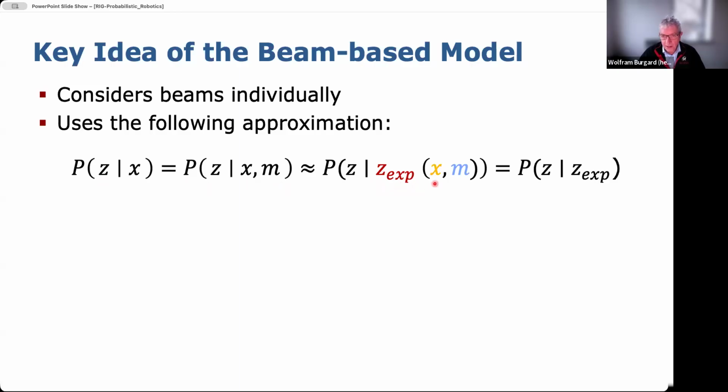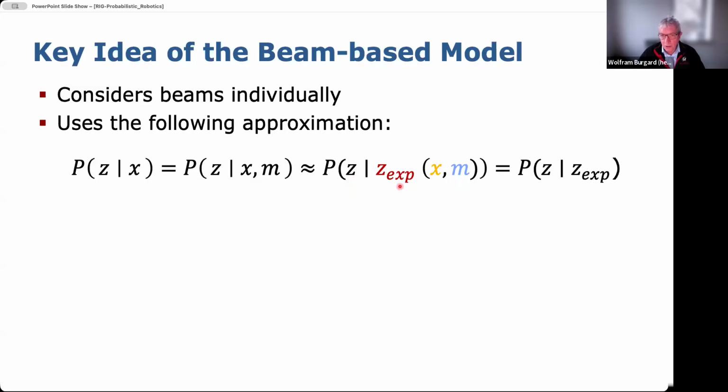So we look at the pose X and the map M and ask ourselves, which distance would we actually expect given the robot is in X in the map M? So you're performing a raycasting operation and measuring the distance in the map from the robot location in the direction of this measurement Z.